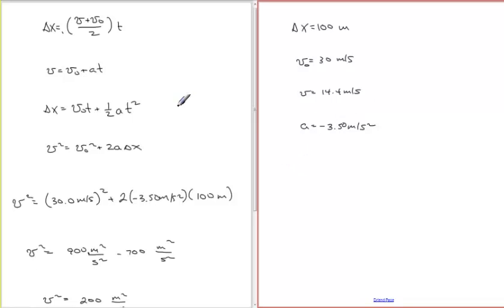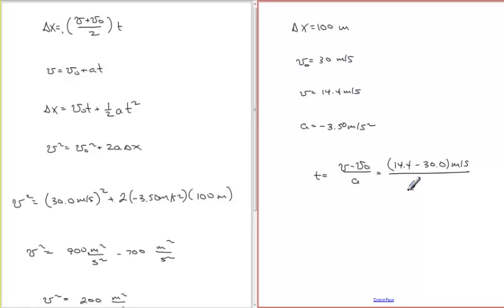So which one? We're trying to solve for time. So again, this one's probably the easiest one. We just did it earlier. Time is equal to v minus v0 over a. So v is 14.1 minus v0, which is 30. Both of these have units of meters per second.